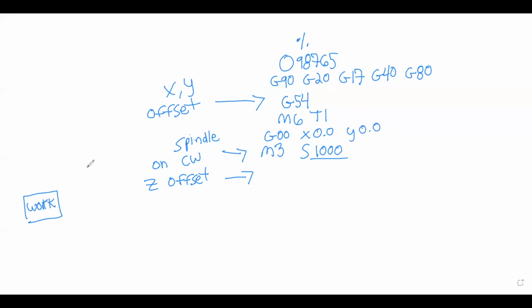The machine 0 will be up here, top right corner, and the Z is going to be at the highest point of the machine that it can travel. Well, we need to bring the tool down to our workpiece, and we need to tell the machine a Z offset from the machine 0 to our workpiece. And this will be G43. This is our tool length compensation.